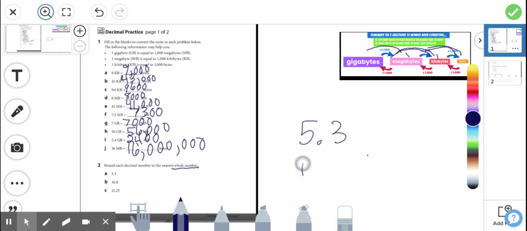We need to round it to this place value right here, and the 3 helps us determine if it's going to be rounded, 5 or greater, rounded up, 4 or less, you leave this number alone and drop this off. So we leave the 5 alone and drop it off, and your answer is 5.0.